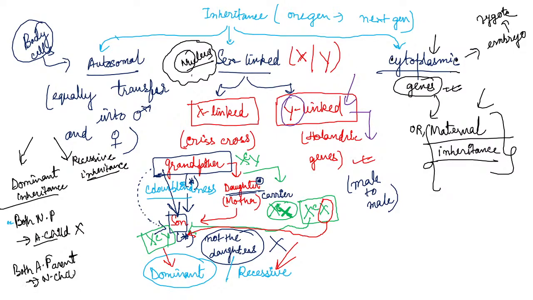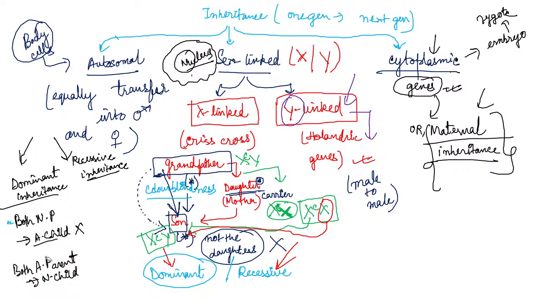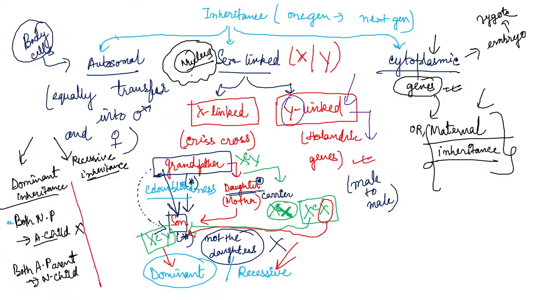The child will somehow carry the autosomal dominant inheritance characters of the parents, either of the father or of the mother. If one is affected, you can never have an unaffected child. If you are affected, then your child will also be affected. Clear?